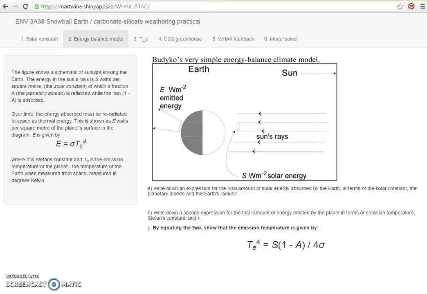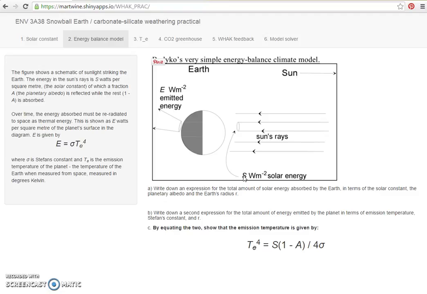So we can express the amount of incoming solar radiation captured by the Earth as the solar incoming radiation S times pi r squared, which is the area of a circle.